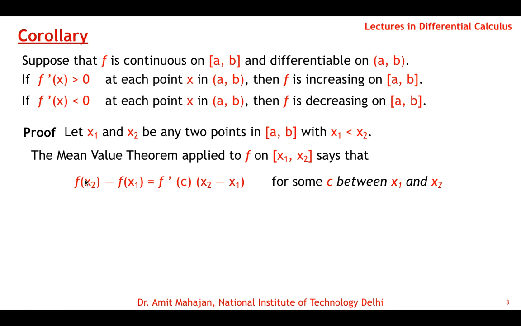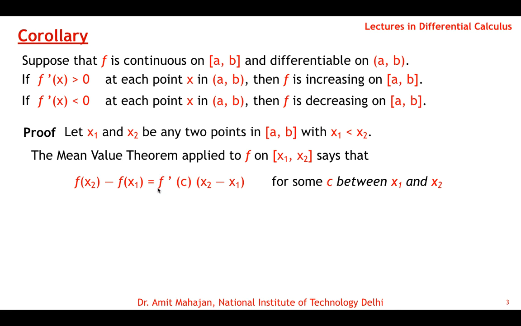Okay, so (f(x2) minus f(x1)) divided by (x2 minus x1) is f'(c) for some c between x1 and x2, which is rewritten here by taking the denominator to the other side. Now, on the right hand side, because x2 lies to the right of x1, x2 minus x1 is always positive. So the sign of the left hand side only depends on the sign of the derivative at c.